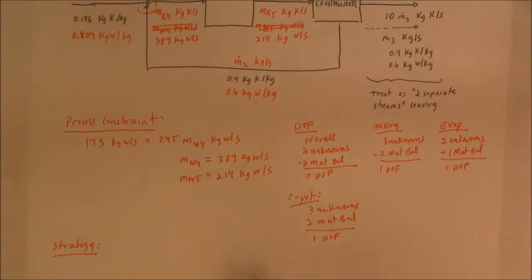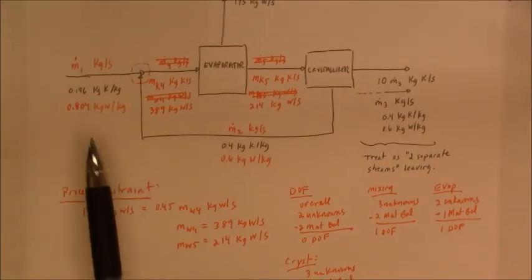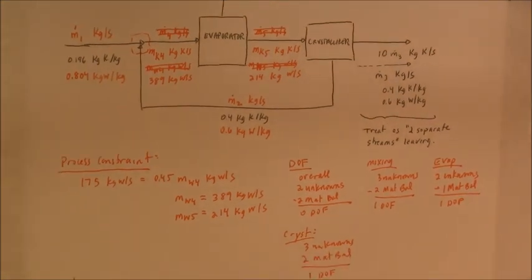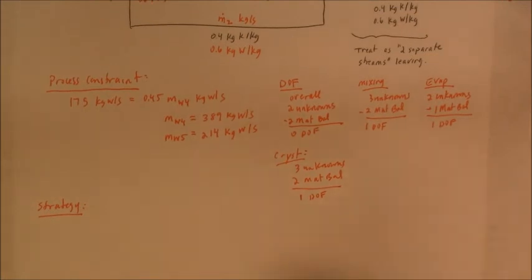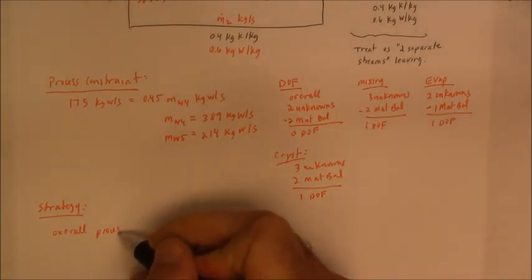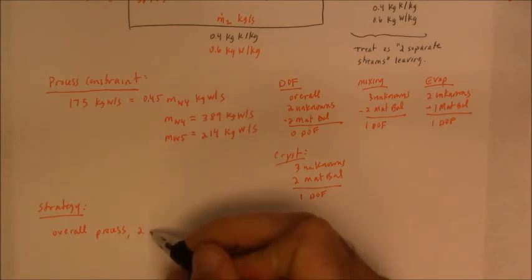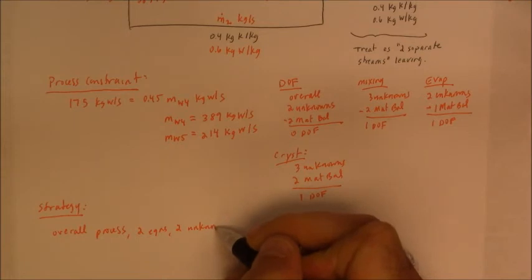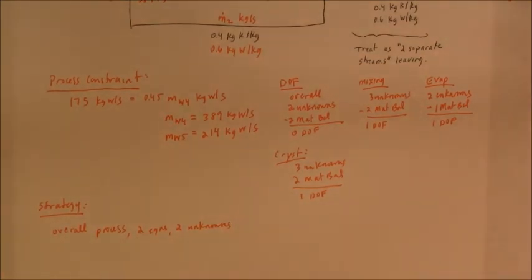With the overall process, we have M1 and M3, which are unknown. Unfortunately, we can't have a single equation with a single unknown. So for our overall process, we are going to be stuck with 2 equations and 2 unknowns that we have to solve simultaneously.